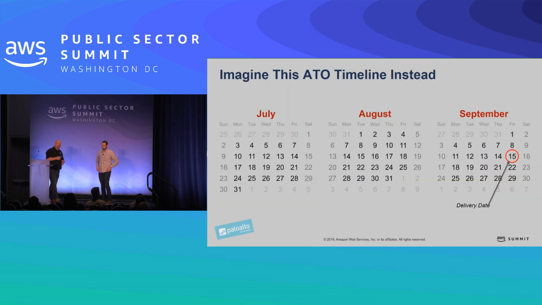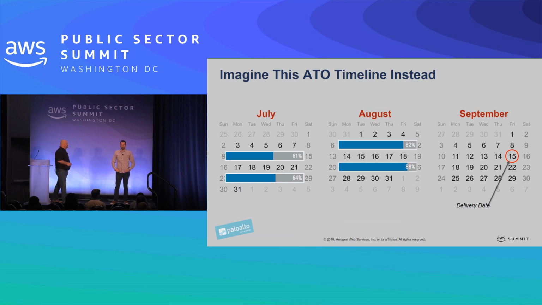So now that we've talked a little bit about how we can handle some of this, let's take a look at that same timeline that we looked at earlier and imagine this instead, right? So July rolls around. We know that the auditors are coming. We have put ourselves into a state where we're doing things like continuous compliance.